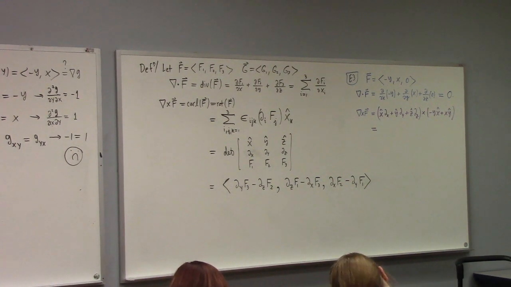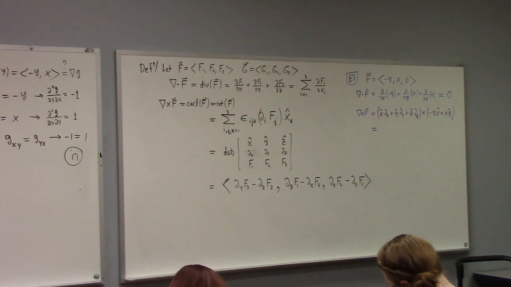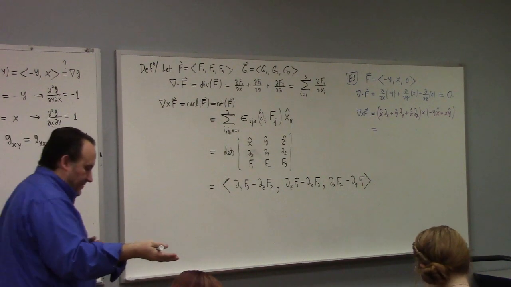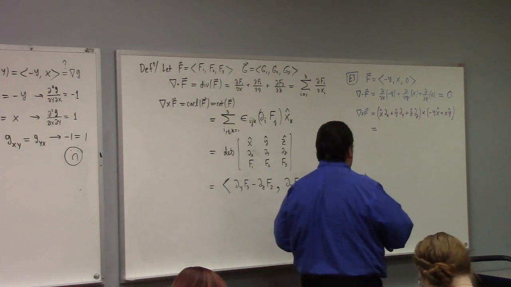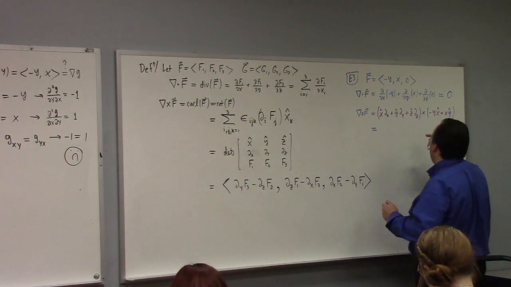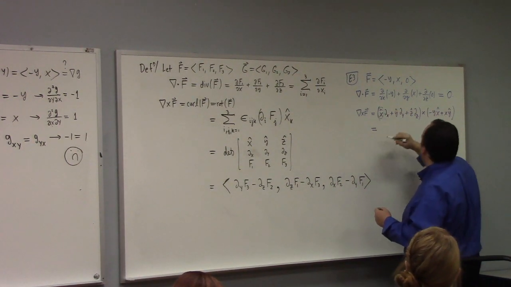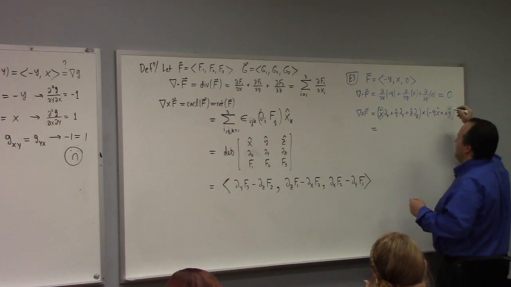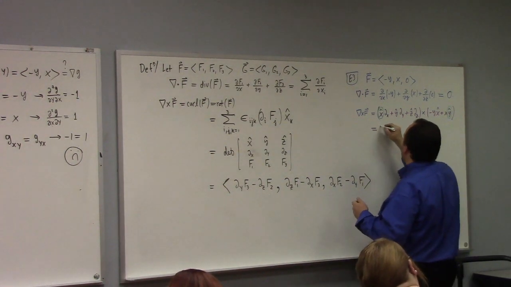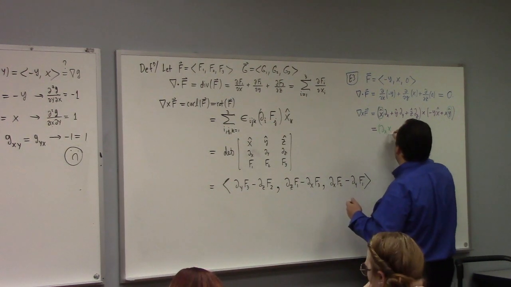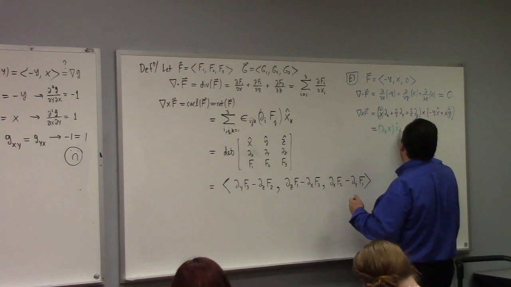Why is that? Do x hat and y hat have a point dependence? No, they're just either 1, 0, 0 or 0, 1, 0 everywhere. So the derivative doesn't act on the x hat and the y hat, so just let those ride along. But x hat cross y hat gives you z hat. So on the one hand, you have partial x acting on x, times x hat cross y hat.